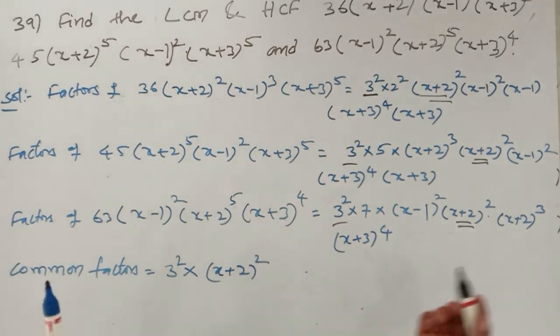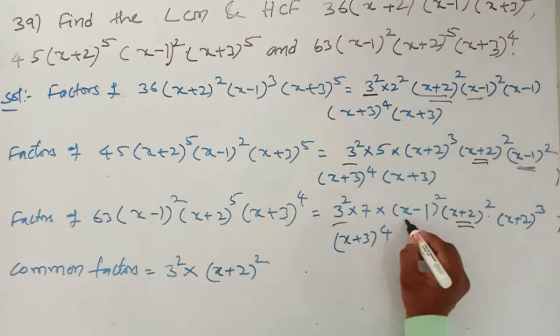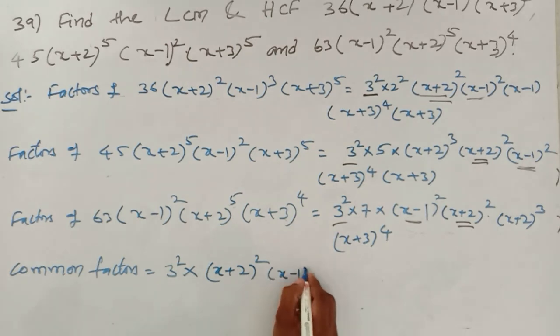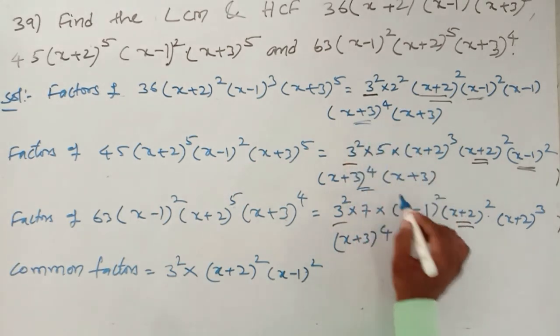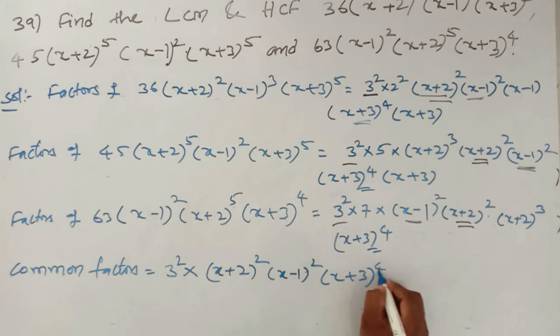Next is (x-1)^2, here (x-1)^2, (x-1)^2 and (x-1)^2. Remaining is (x+3)^4 into (x+3)^4. This is the common factors.